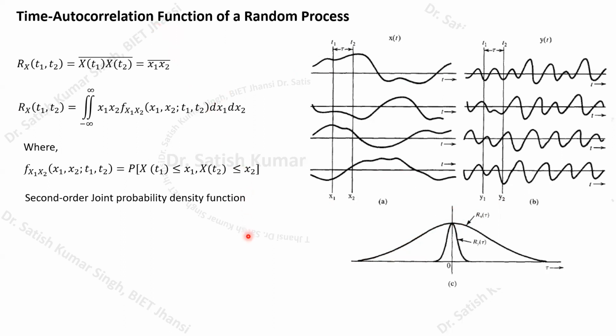The overall takeaway from this slide is that to get the time autocorrelation function for a random process, we have to average over all the values of the ensemble. Moreover, if you calculate the Fourier transform of the autocorrelation function of a random process, it gives you the power spectral density function.